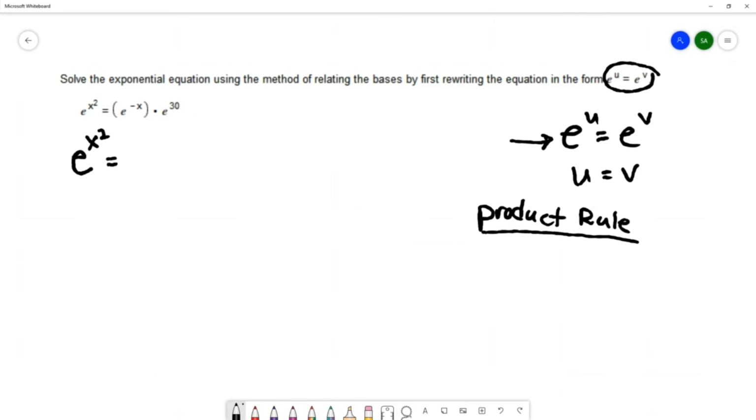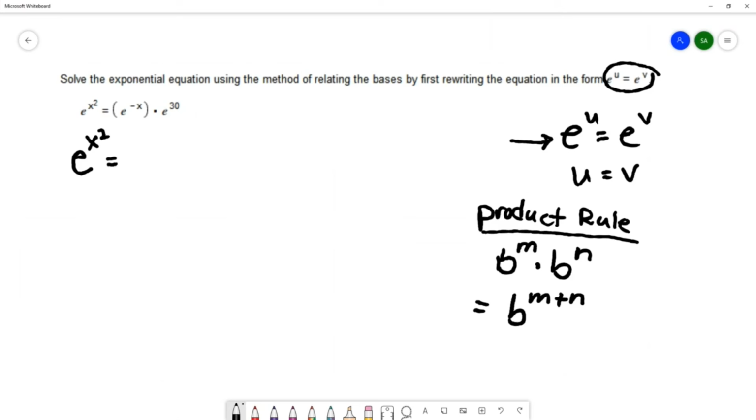It says when you have b to the m times b to the n, when you're multiplying with the same base, it's called the product rule because we're multiplying. And when you do that, you can add the exponents.